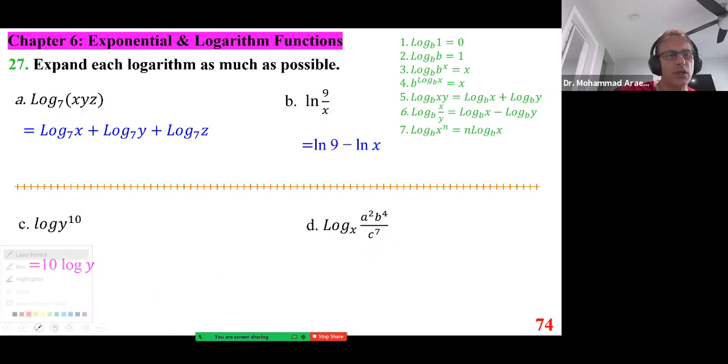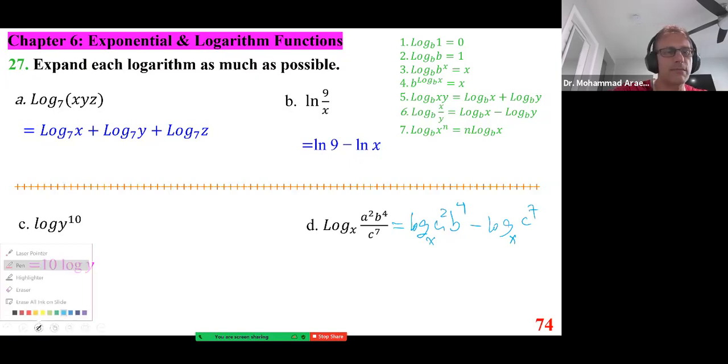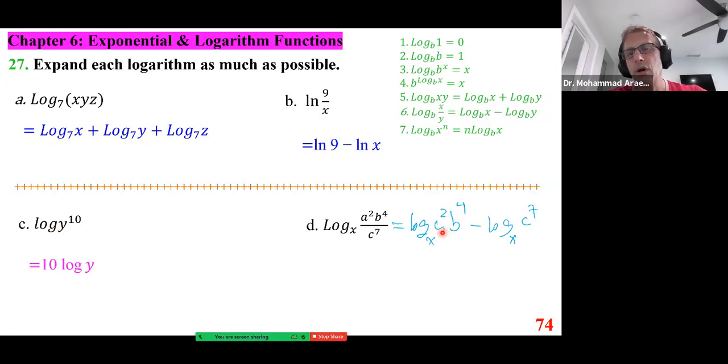I normally do it in one shot, but let me just show you the first shot. If you want, you can write log of the top, a squared b to the power of 4, same base, minus log base x of c to the power of 7. So now this one would be log of a squared plus log of b to the power of 4.